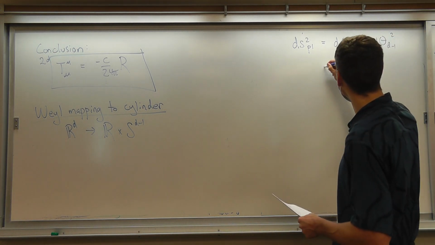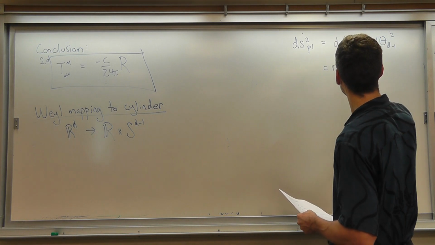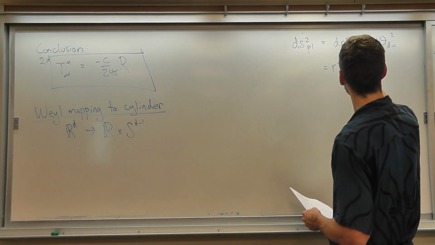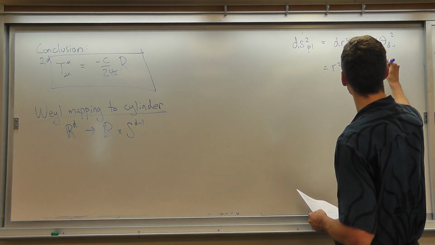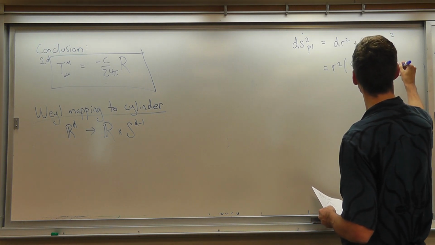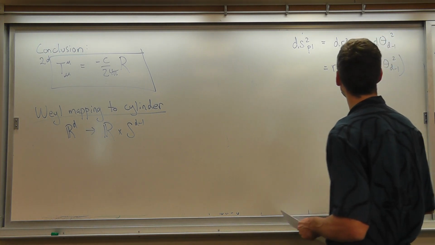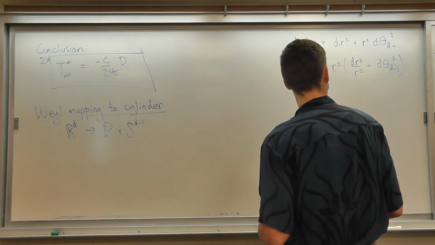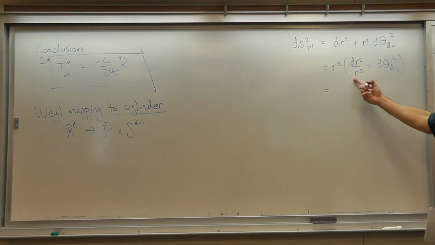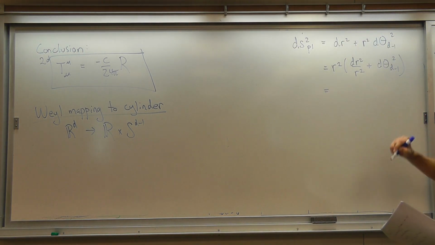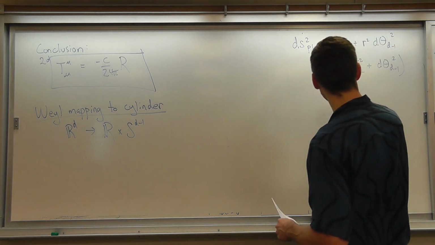Now we pull out the r squared. So there's a dr squared over r squared plus d theta_(D-1) squared. And that's actually it, we're done. This is actually a cylinder. But let's write it in more cylinder-y coordinates.